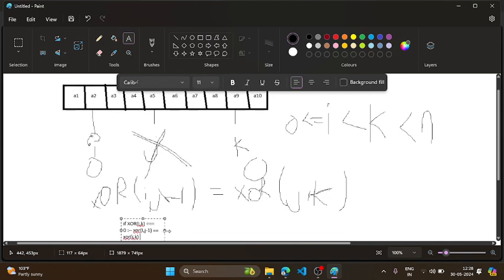Agreed or not? Because we know the XOR of two same numbers is equal to 0, right? So if we are taking the XOR of i to j minus 1 equal to the XOR of j to k, then if we take the XOR of both these subarrays, it will be equal to 0.